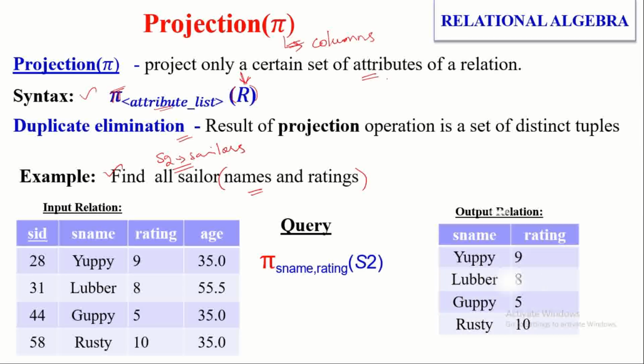Using the projection operator, inside the attribute list sname and rating are specified, and the S2 instance input table is specified within parentheses. When this query is applied on this input table, it projects only the columns named sname and rating, and produces them in the output table.